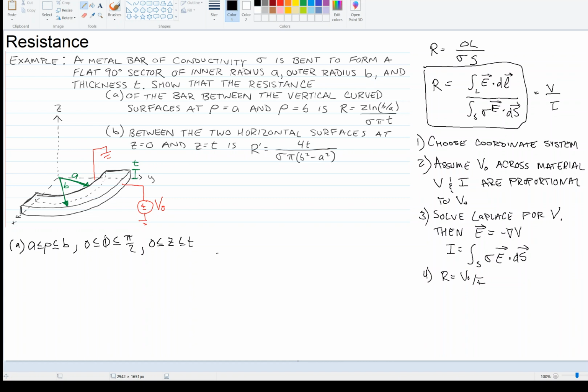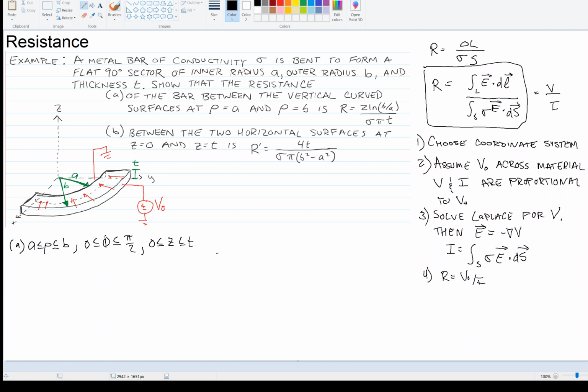Now notice the electric field, and thus the potential, is only going to be a function of rho. Then we have this rho symmetry. So the electric field points along the rho direction, like this.